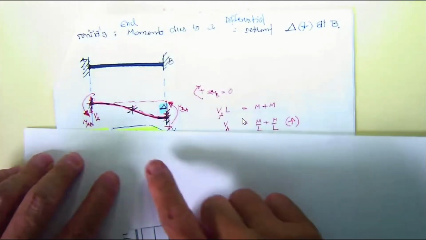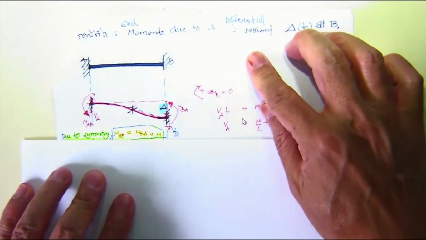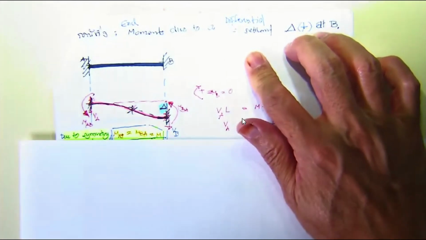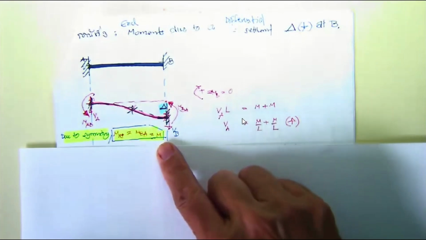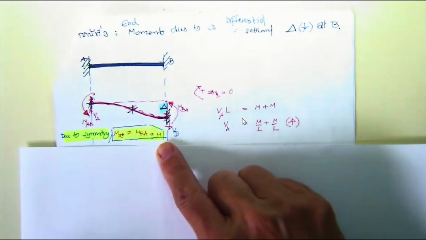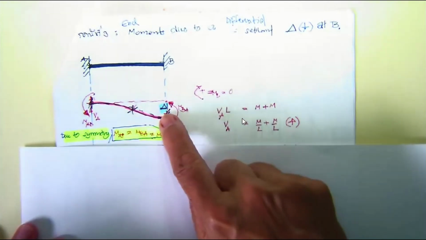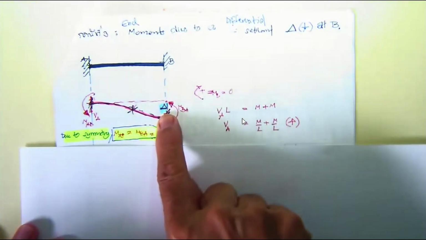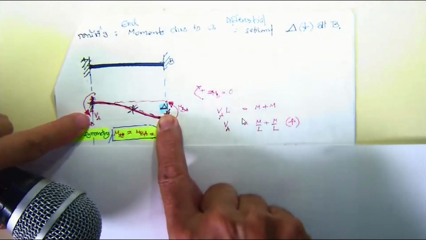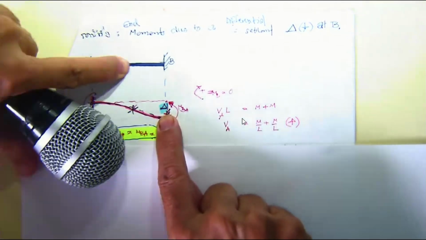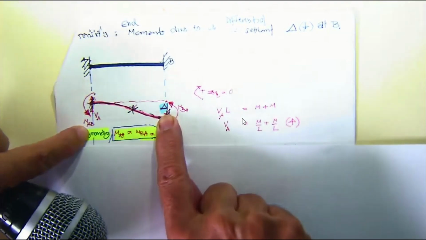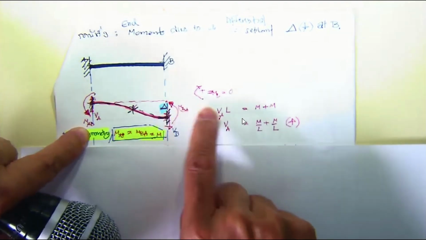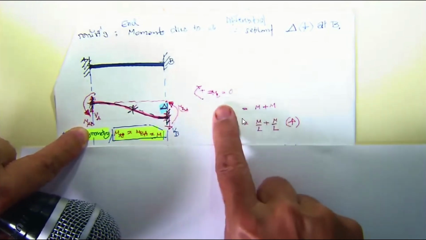Since the deformation of this one is symmetric, m sub ab equals m sub ba and equals m. Then you may do the same calculation. Take moment at b. We have v sub a times L clockwise, and m sub ab and m sub ba equal to m counterclockwise.